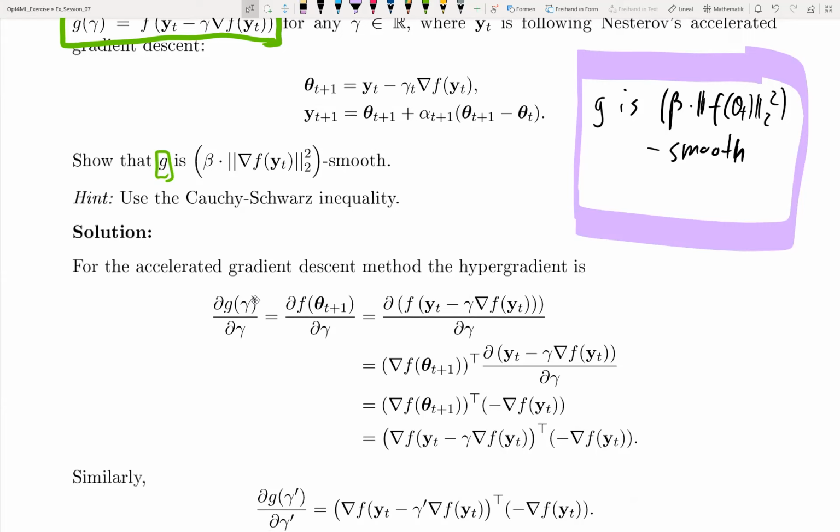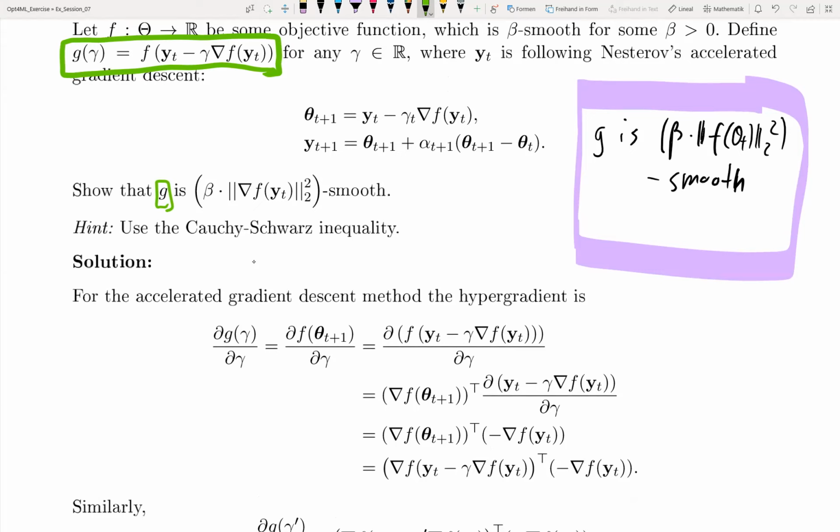And this is a univariate function because the step size gamma is a univariate value. It's a real valued number which you want to find. So don't overcomplicate it, but you can also write it as the gradient with respect to gamma, which is nothing else than the derivative of the function g with respect to gamma.